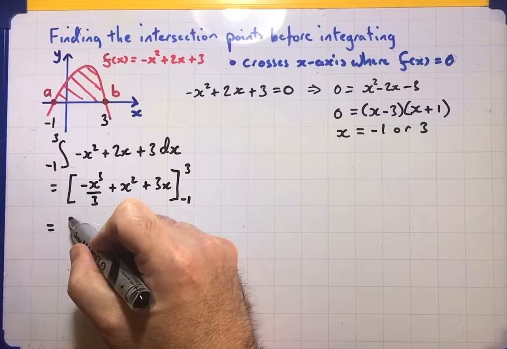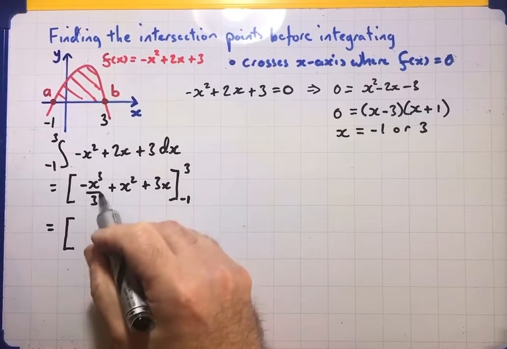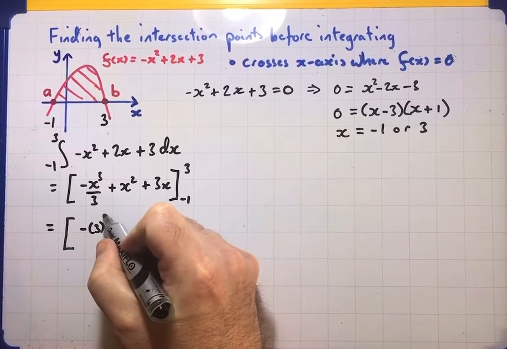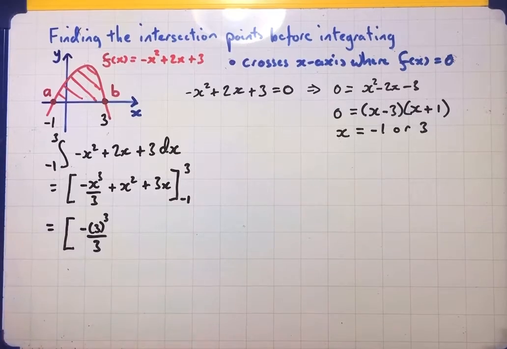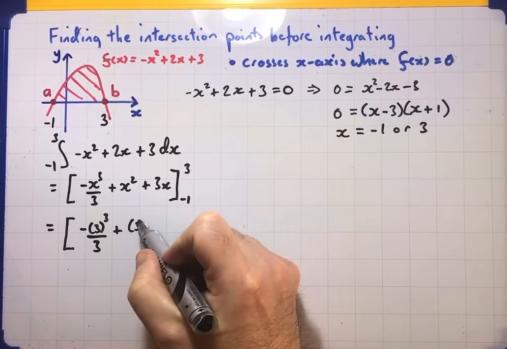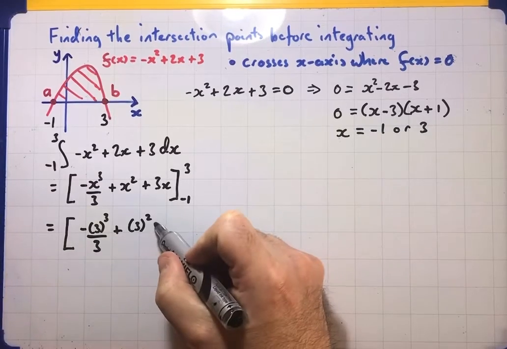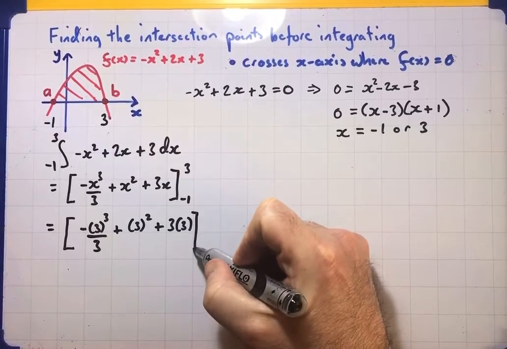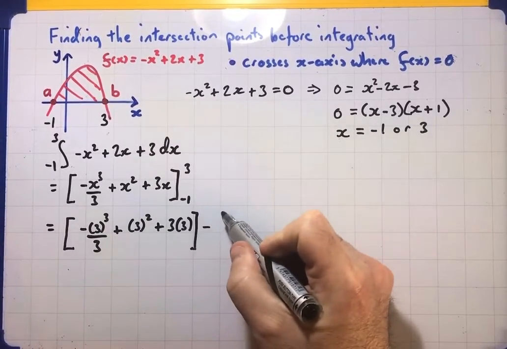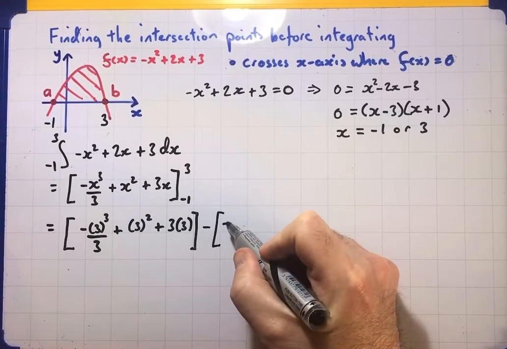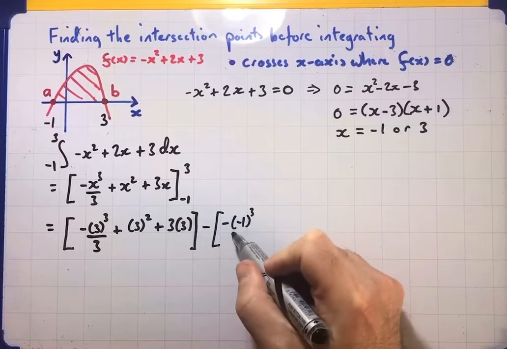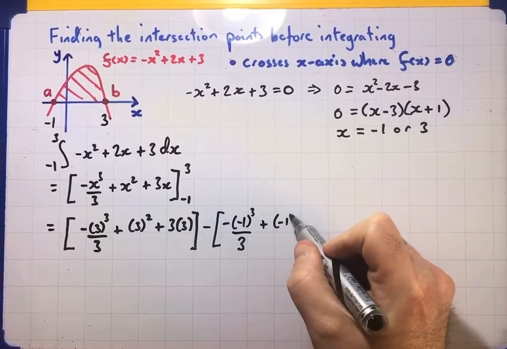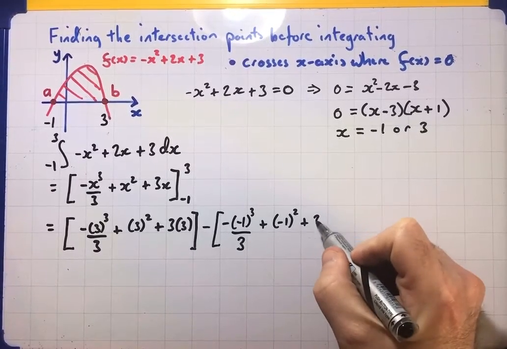So what we're going to do is put in 3 into there, so minus 3 cubed over 3 plus 3 squared plus 3 times 3. That's the 3 plugged in there. Take away, if we put in the minus 1, we've got minus 1 cubed over 3 plus minus 1 squared plus 3 times minus 1.